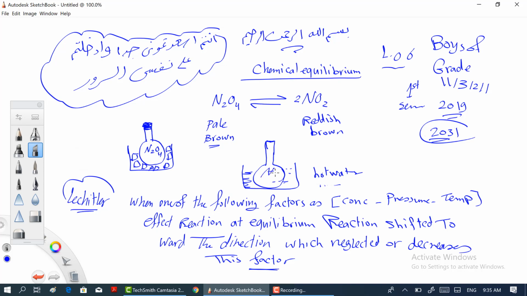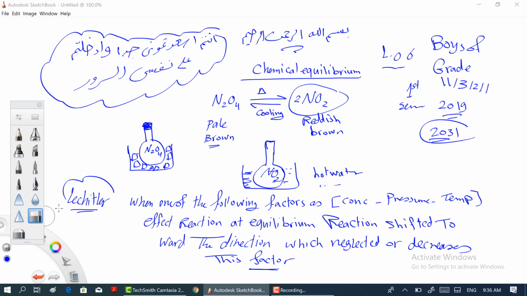Heating, we'll find NO2 will form. Heating, cooling. By the heating process, we will find the reaction shift. When we increase the heat, increasing the temperature, the reaction shifted toward the formation of NO2. But by cooling, we will find the molecules collect to form nitrogen tetroxide. So the first one is the factor affecting the temperature.